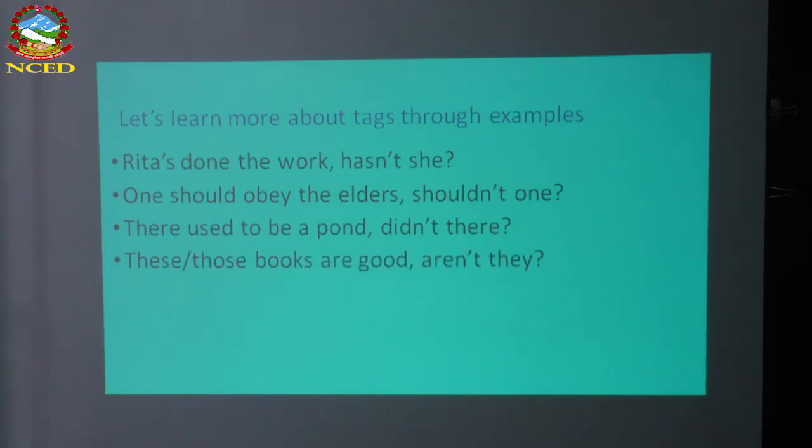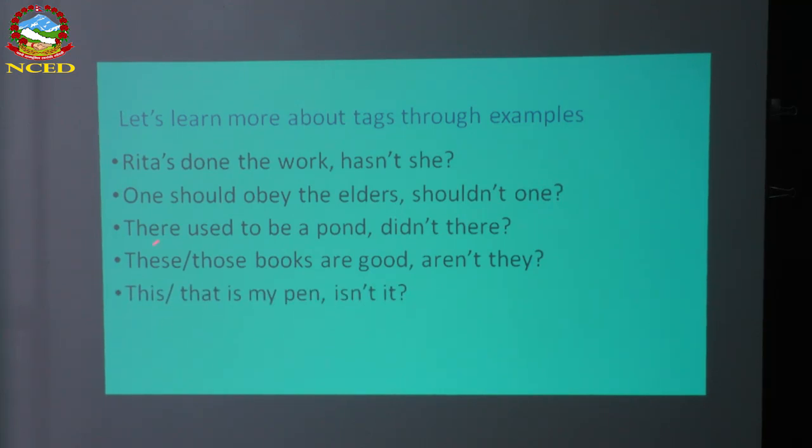Next. "Those books are good, aren't they?" Okay, when there is use of "these" or "those," then we use "they" instead of "these" or "those." So the tag is "aren't they." Next example, "this" or "that."